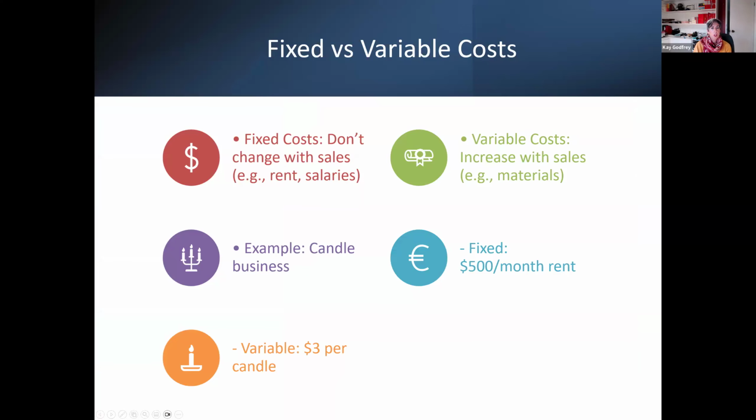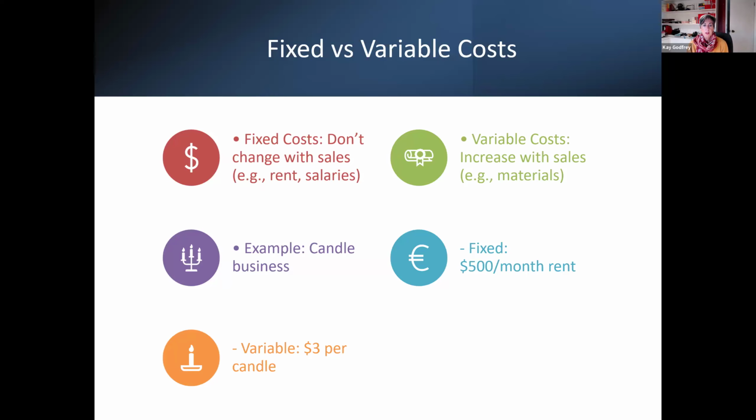Fixed costs don't change with sales, such as rent. And salaries are a bit of a murky area. Some of them can vary with sales. If you've got somebody making your candles, for example, obviously if they're not making any candles, there's no cost. But if you look at your admin staff, they're there regardless whether there's any sales or not.